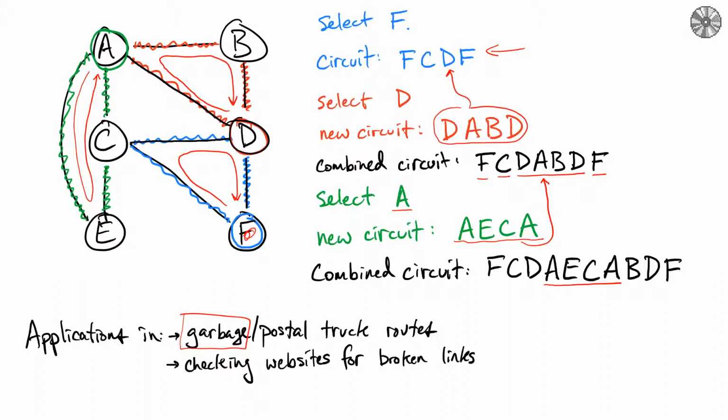And so it's important for them to find efficient routes where they're not necessarily going back and forth along the same roads. And so this is an effective way of finding short paths, in the sense of these circuits that eventually cover the entire graph, but never repeat edges along the way.